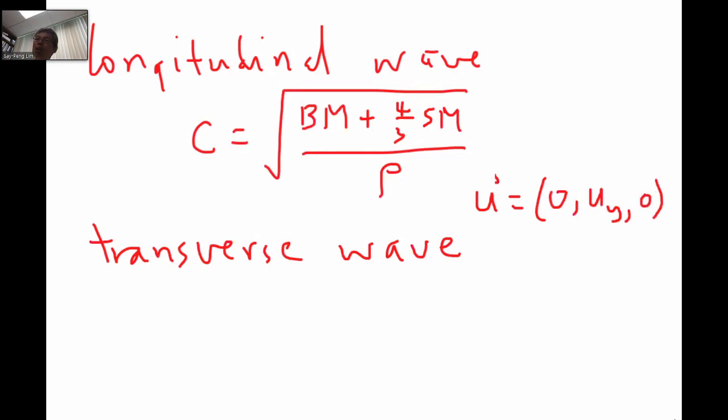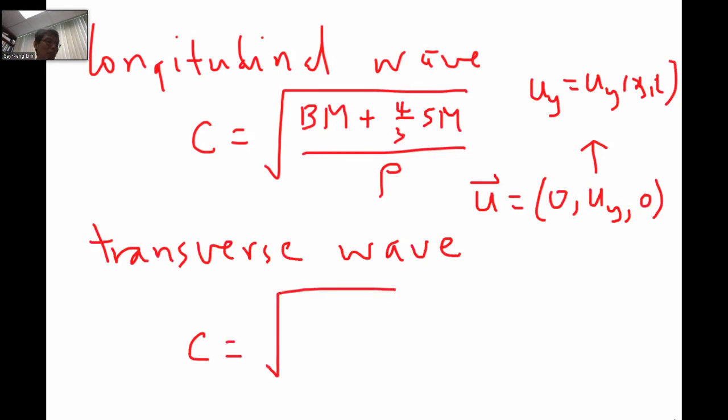Suppose u is equal to this, and as a plane wave, it is a function only of x and t. Then you go to the Navier equation, you work everything out, and you also get a one-dimensional wave equation, and the speed of it turns out to be equal to this.